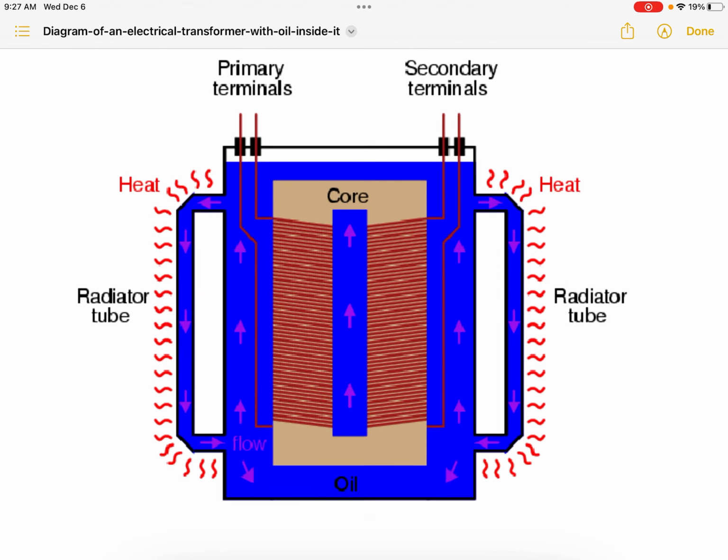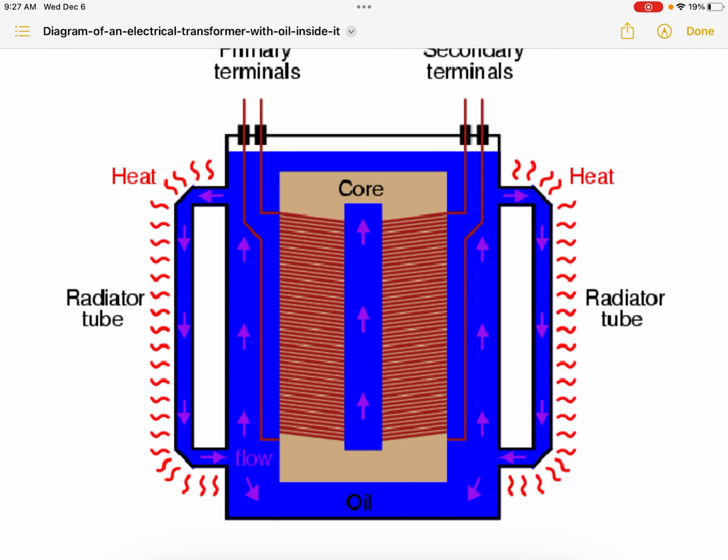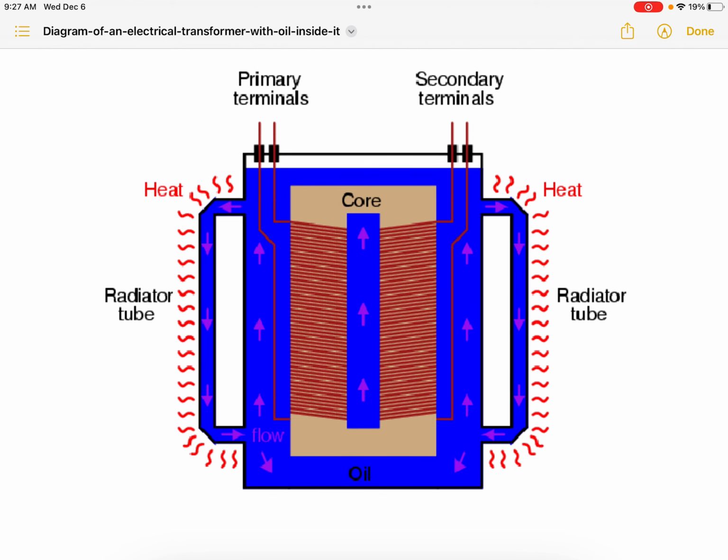Now we have here, if you can see, it is a tank. Inside of it, it has oil, and then it has a core, this one in the middle. This is the core. On two sides of the core, it has coils wrapped around. We will call this side the primary terminals.